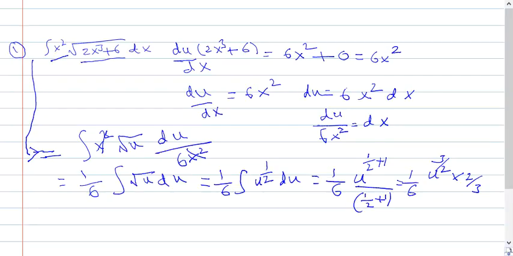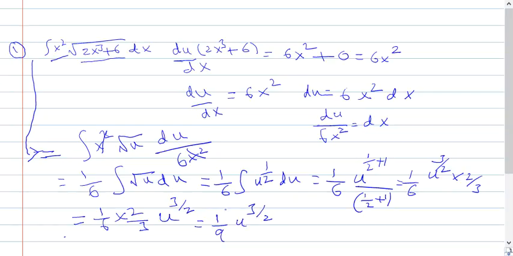So the answer becomes, I can't see the cursor, so I have to click this thing to figure out where the cursor is. So this is 1 over 6 times 2 over 3 times u to the power of 3 over 2. That's the same thing as 1 over 9 times u to the power of 3 over 2.